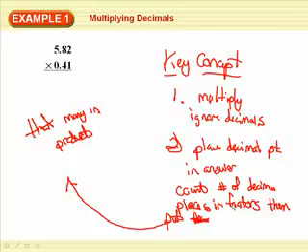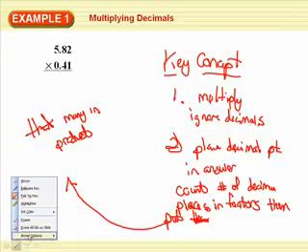So to place the decimal point in the answer, you count the number of decimal places in the factors, then put that many in the product. That's written on page 66 in the key concept box, way better than I just wrote it, so you can look at that.